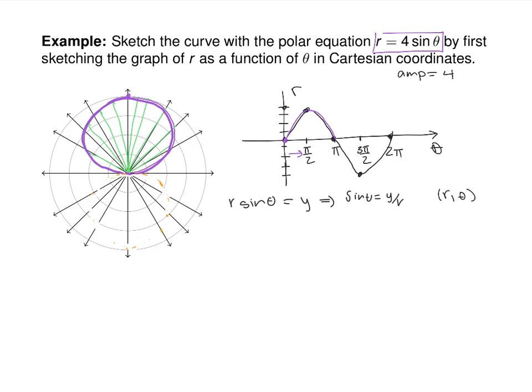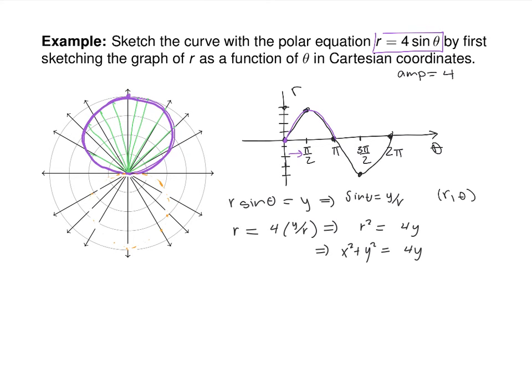So our equation is the same thing as r equals 4 times y over r, which is the same thing as saying r squared equals 4y. And r squared is x squared plus y squared.